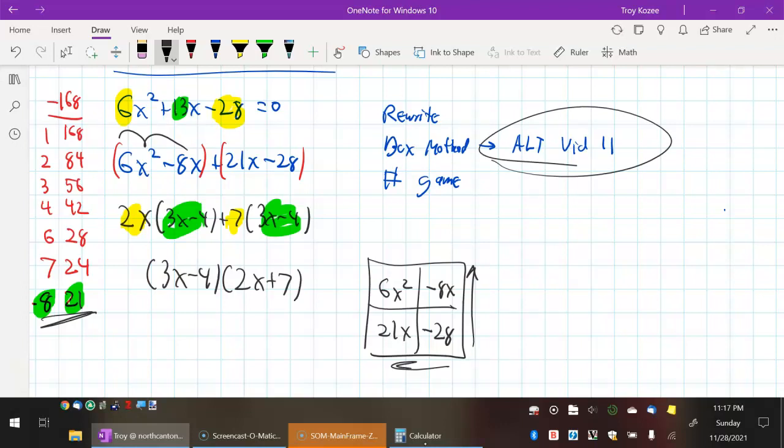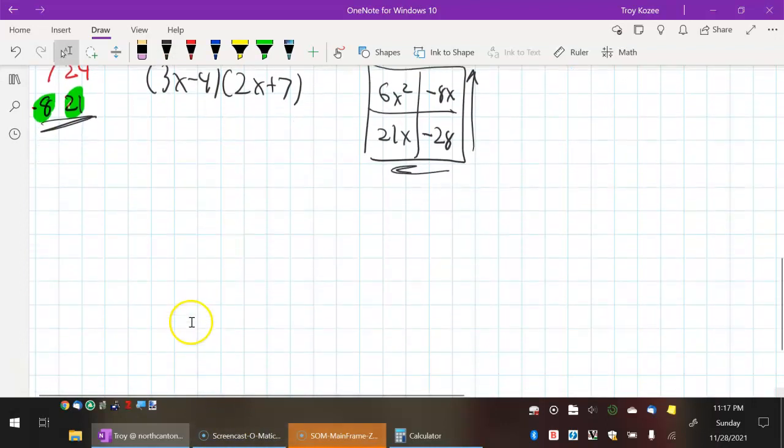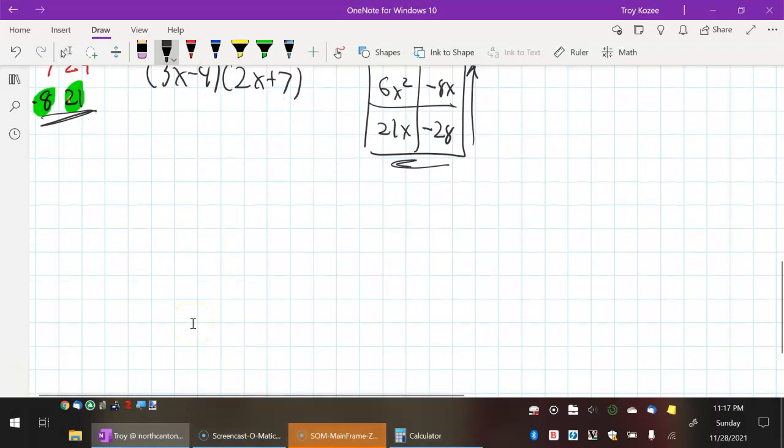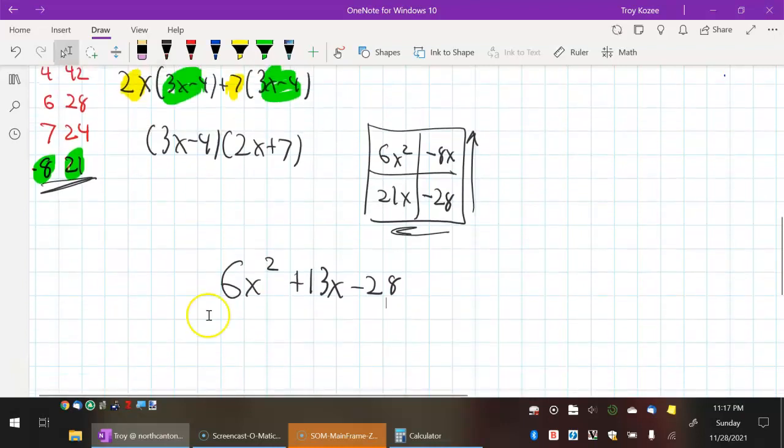Okay. Now, if you are doing the number game, all of this is still the same. The only difference is in the number game, you're trying to work the FOIL in reverse.